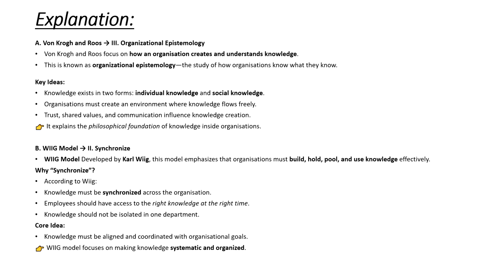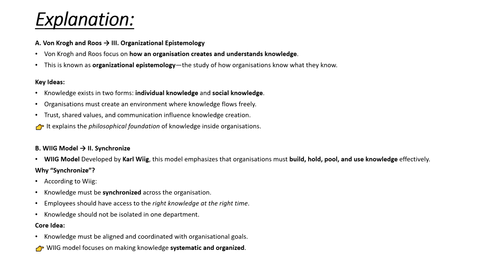Let's understand each knowledge management model one by one. Option number A, Von Krogh and Roos model focuses on how an organization creates and understands knowledge. This is known as organizational epistemology, the study of how organizations know what they know. The key idea behind this model is that knowledge exists in 2 forms, individual and social knowledge.